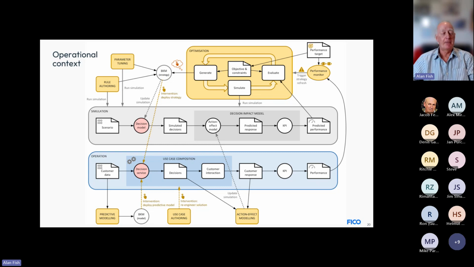So we can imagine, if you like, a hierarchy of feedback loops from the top level where we're monitoring the behavior of the whole system down to monitoring the behavior of individual components of it.